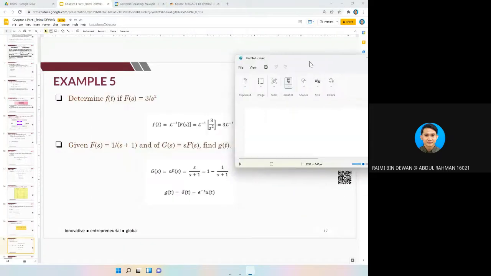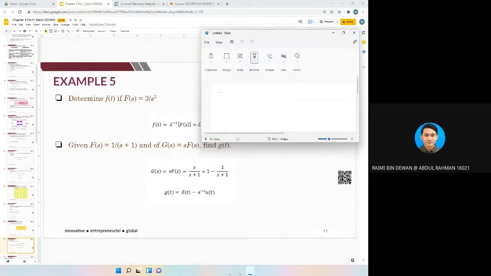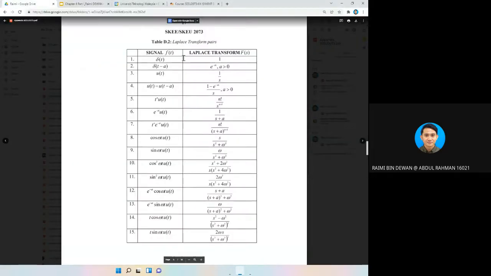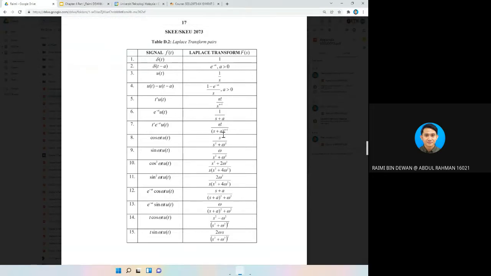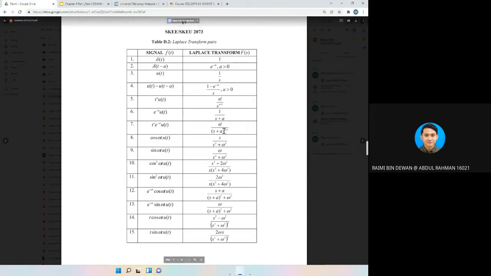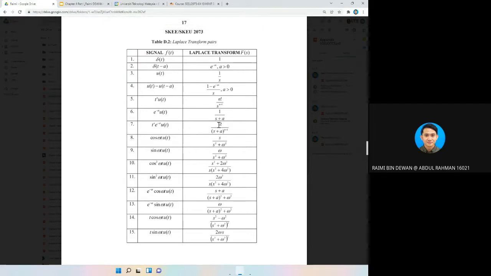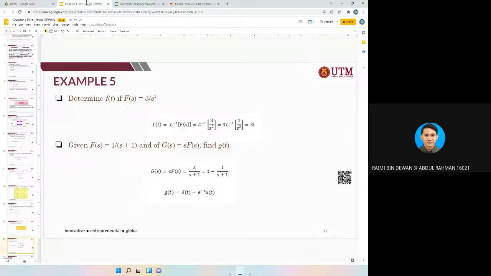Where is the equation just now? So you have your s and you have s plus 1. You try to see from the table first. You have this s plus 1, but you don't have at the top which is s, and also s plus constant below. You don't have that, or this one is different, this one with n factorial. So you need to know how to do algebraic manipulation.